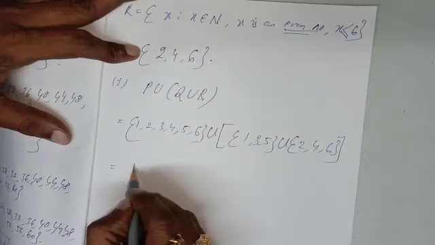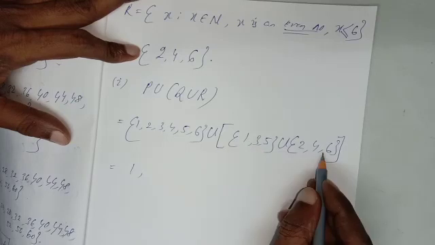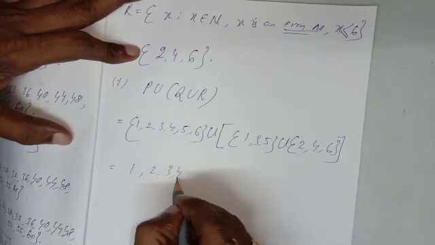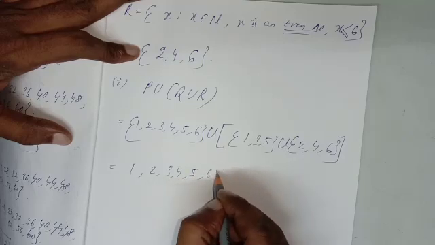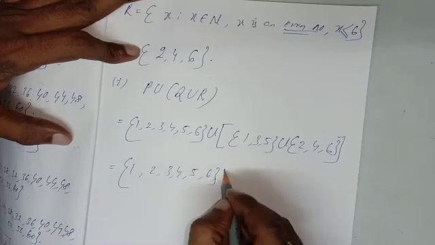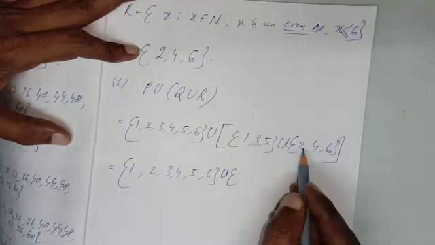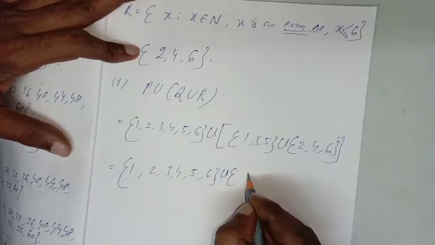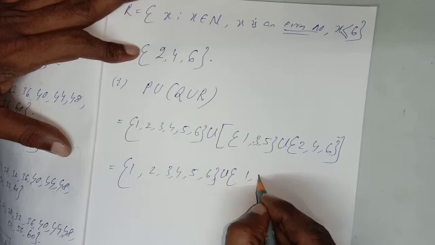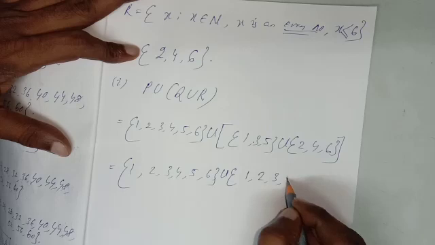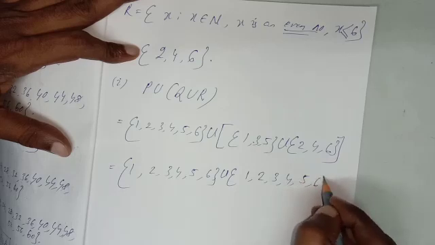First of all, write the union of these two sets: 1, 3, 5 and 2, 4, 6. What is the union? Write all elements, no repetition should be there. 1, 2, 3, 4, 5, 6.